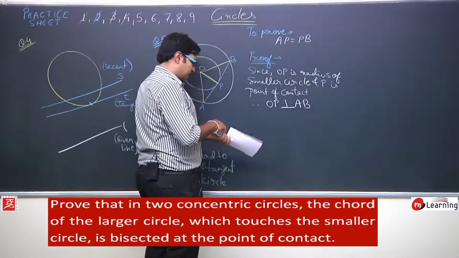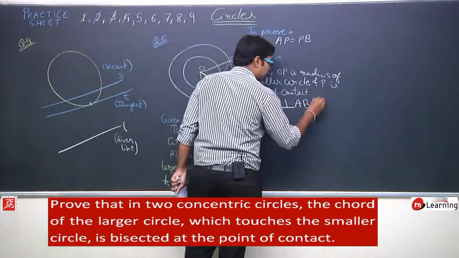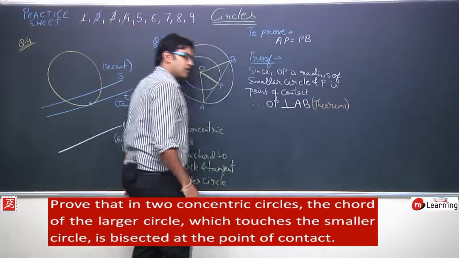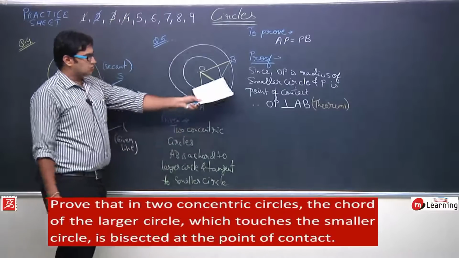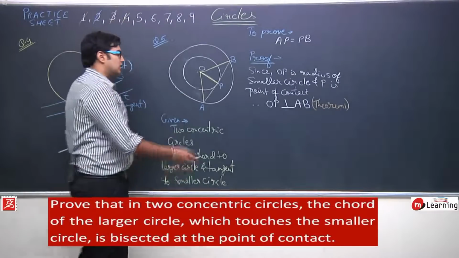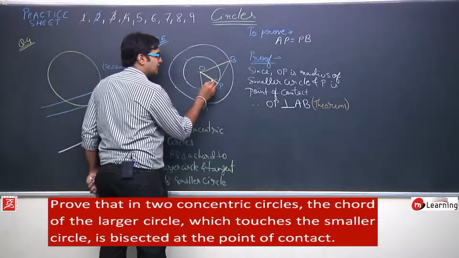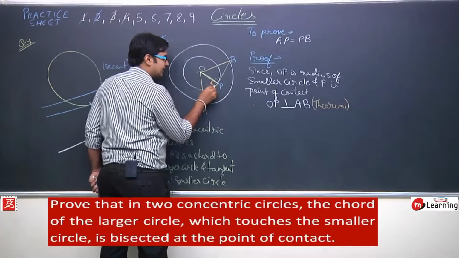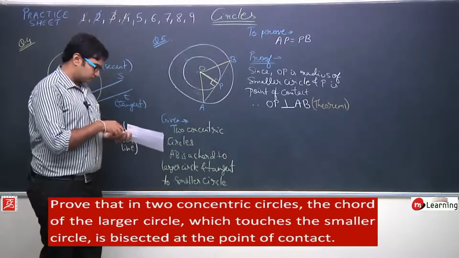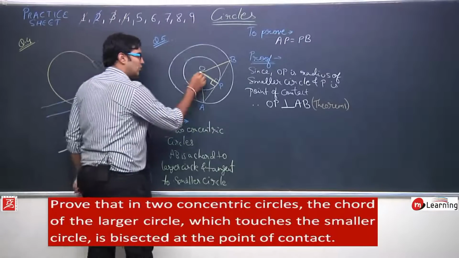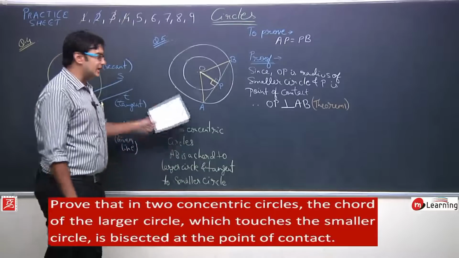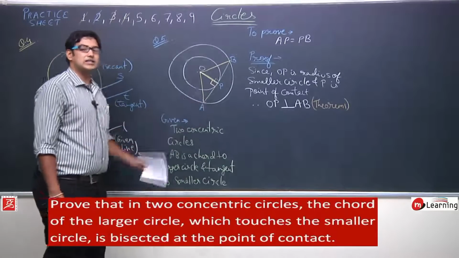And why is OP perpendicular to AB? Because of theorem 1. We have already understood theorem 1. So by theorem 1 I can say that OP is perpendicular to AB. So this angle is 90 degrees and this angle is also 90 degrees. Now if you observe, OA is basically the radius of the larger circle.